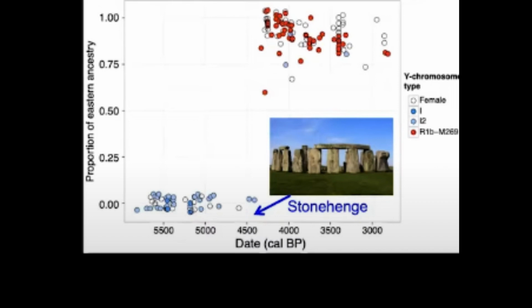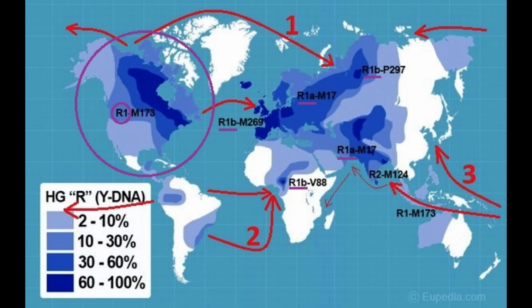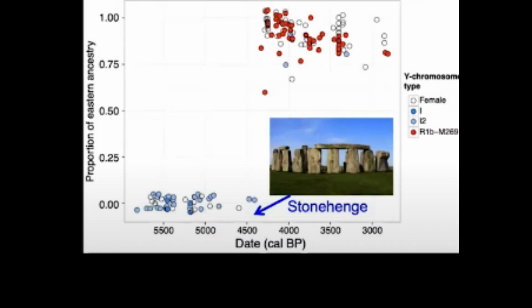In this example of Britain, red dots are R1b-M269, which is a hybrid or variant of R1b, and R1b is a descendant from the root R1. So all that had taken over after the turnover are the red dots of R1b, and they come from the root R1 or from the Americas, and consequently the red dots came from out of the Americas.